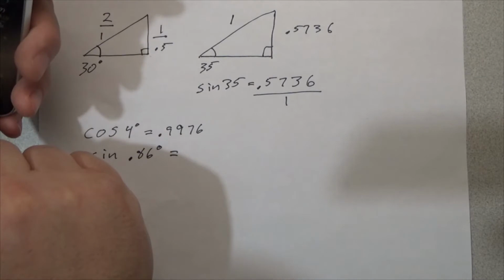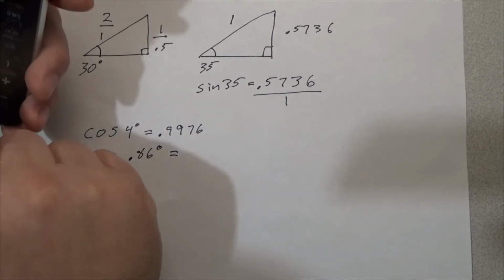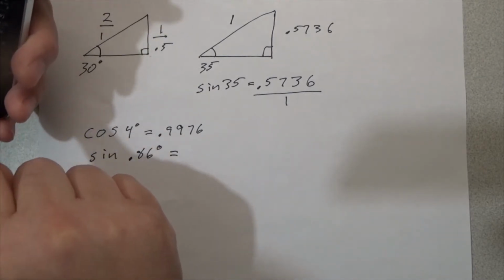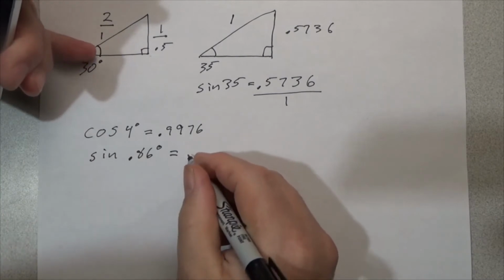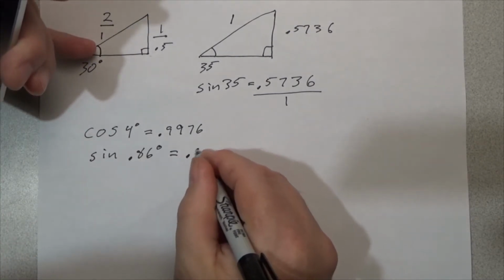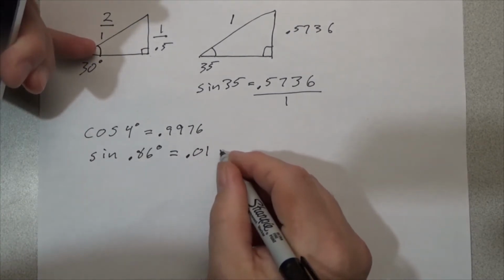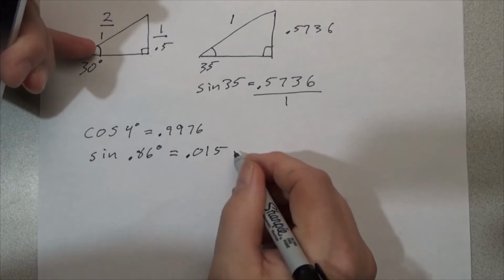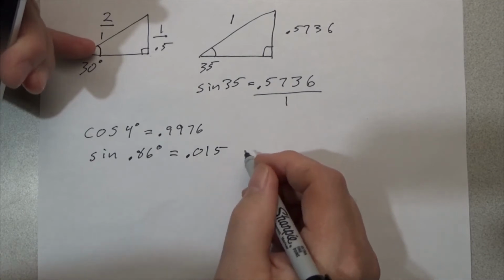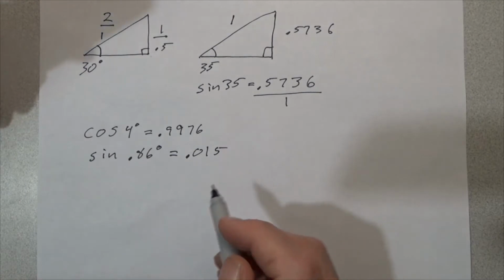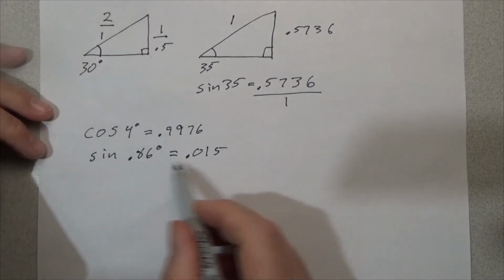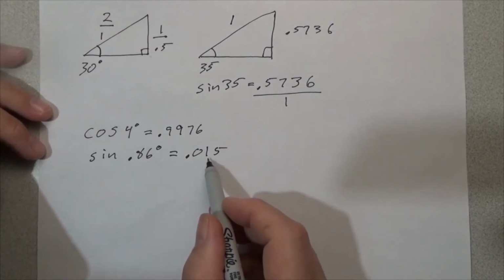So sine 0.86, that is equal to 0.015009. So we'll just leave it right there. So that got really small, so then sine followed it and went really small.